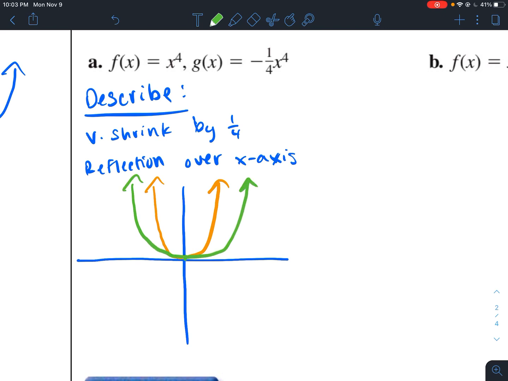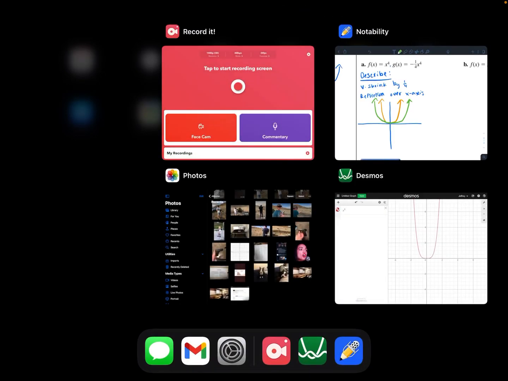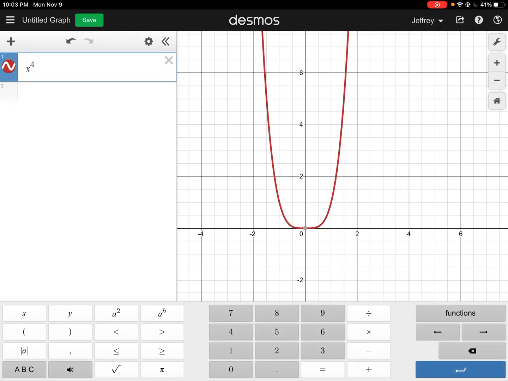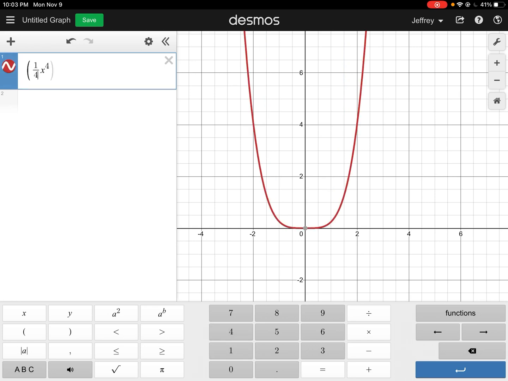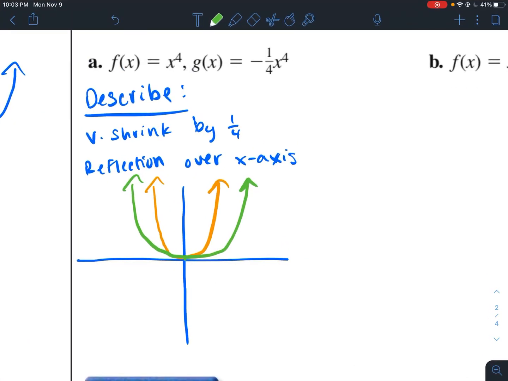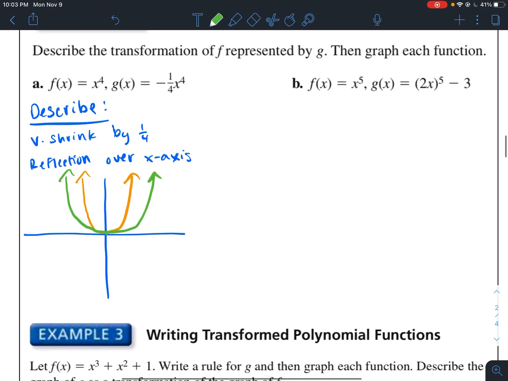I think that that's what it should do. We can go ahead and check it right here. So let's go ahead and add in 1 divided by 4. Yep, so there you go. You can see that we are getting more shrunk. Okay? So this is g of x, and the orange function is f of x.